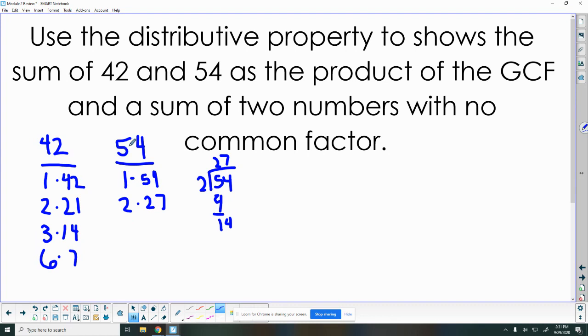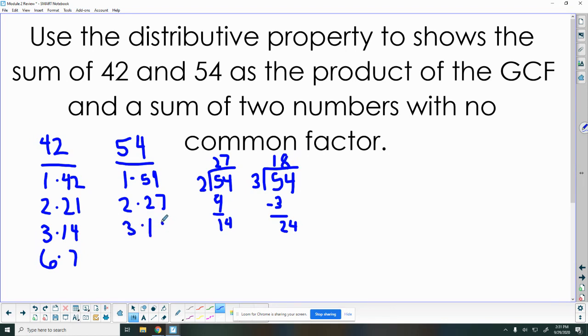Okay, I know 5 plus 4 is 9, and 3 goes into 9, so it looks like I've got another problem to do. So 3 goes into, when I add the numbers together, 3 goes into 54. So it goes in there 1 time with 2 left over, brings down the 4, goes in there 18 times.